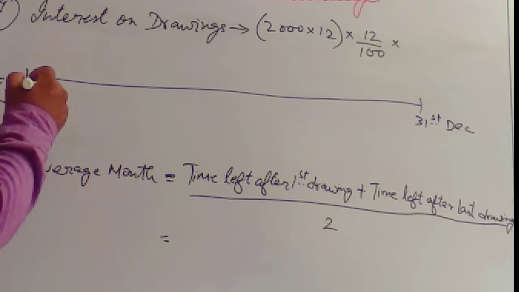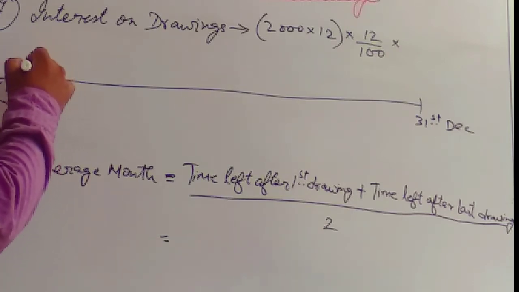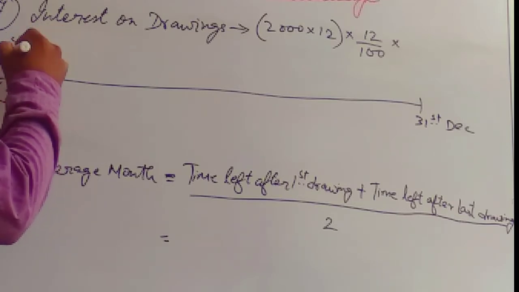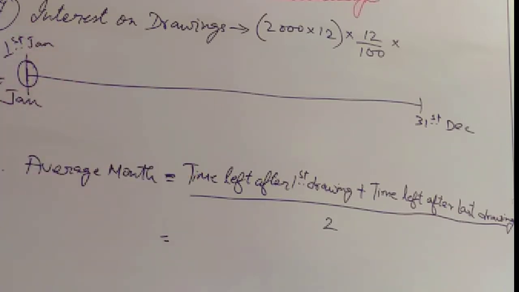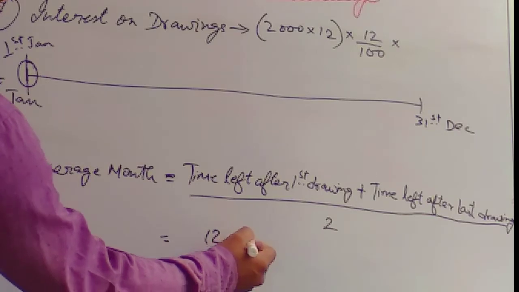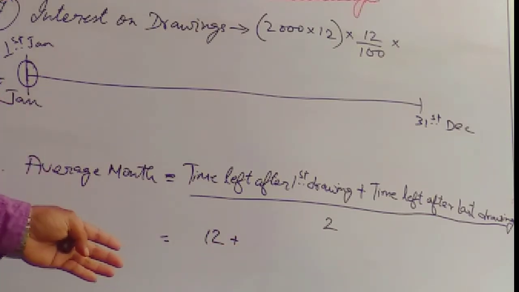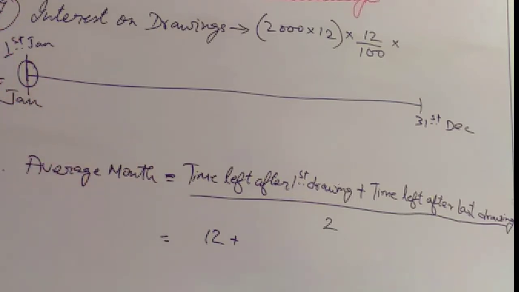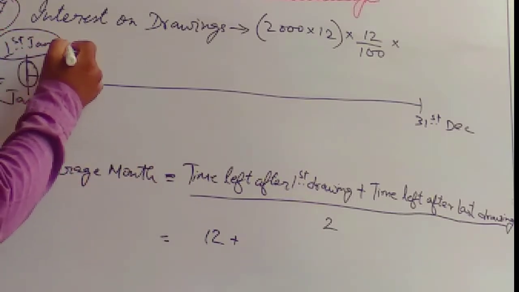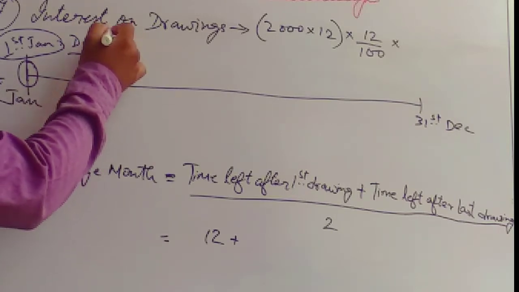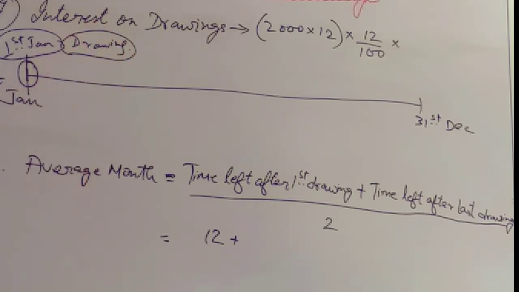The partner is withdrawing on 1st January because it's mentioned in the question first day of every month. So time left after first drawing is the whole 12 months. Yes or no?